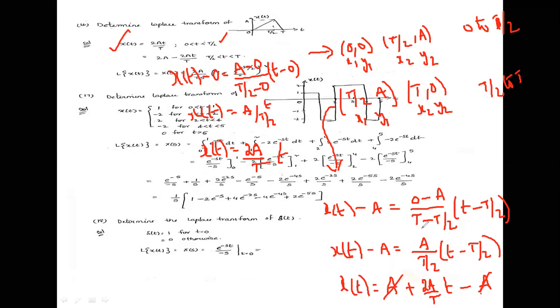Why did you get this? x of t, y minus y1 is a, is equal to y2, which is 0, minus y1, which is a, over x2, which is T, minus T/2, x2 minus x1. Okay, x2 minus x1.